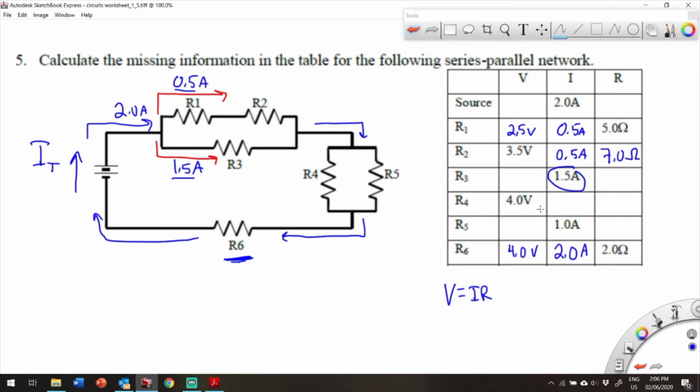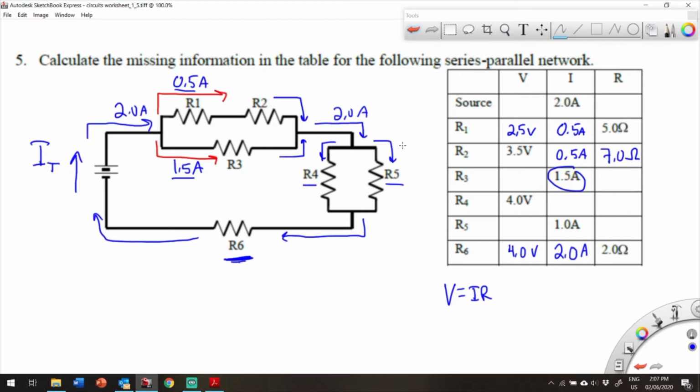Now we've got all the values in R1 and R2. To find the voltage in R3 is going to be a little more difficult, so I'll leave that for now. Down to this pair, R4 and R5. Same idea here. If the current going into this junction is 2 amps, then this is also a 2 amp current, and then that 2 amp current gets split here.